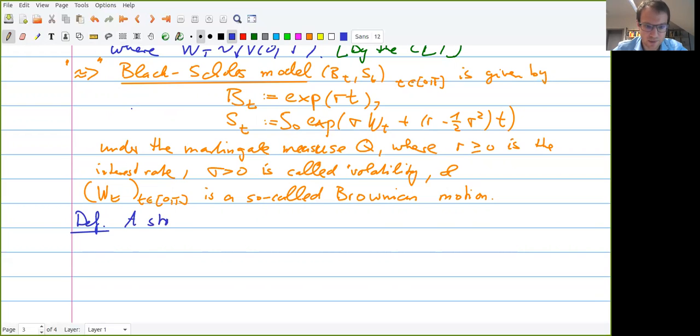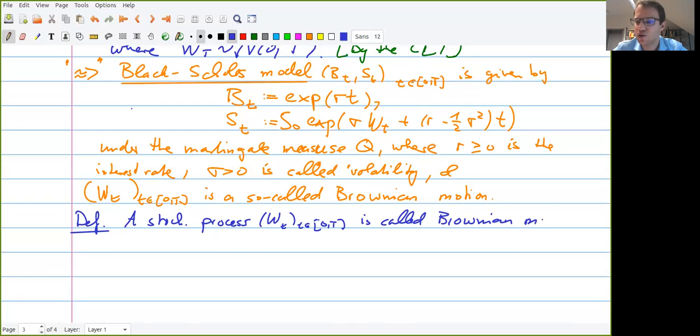A stochastic process in continuous time is called Brownian motion if there are four properties. First one, we start at 0.